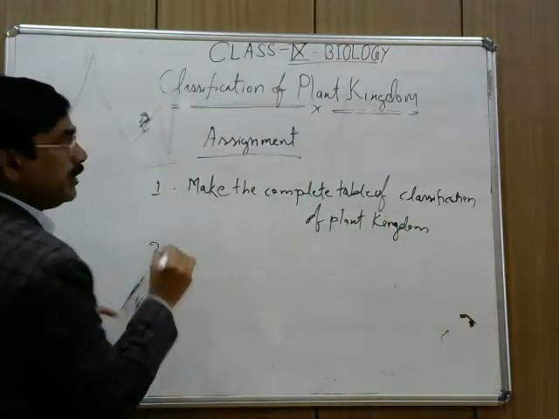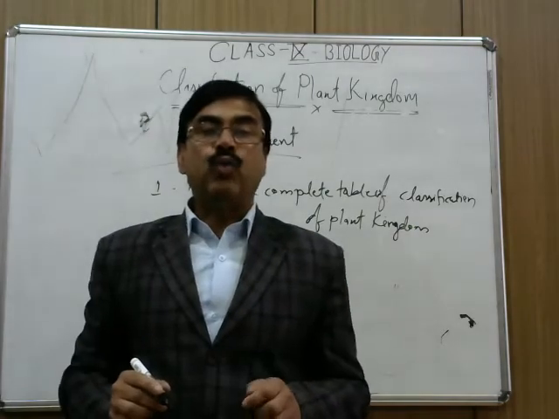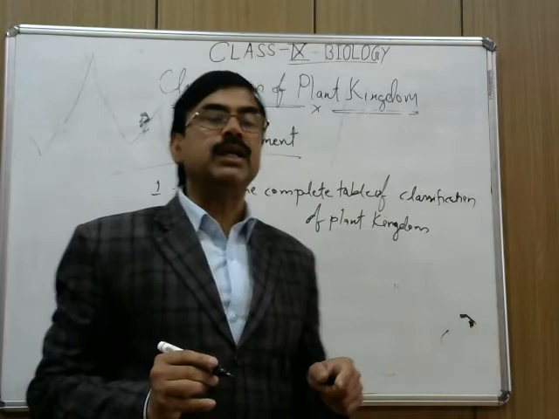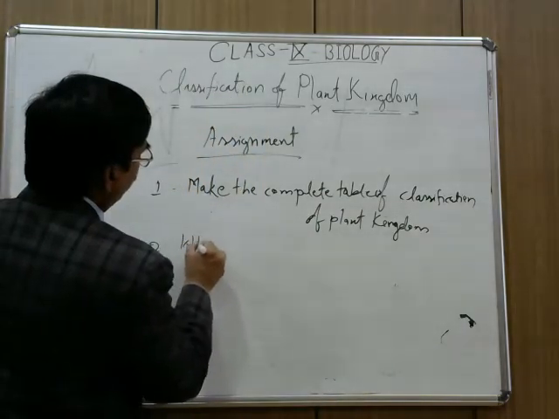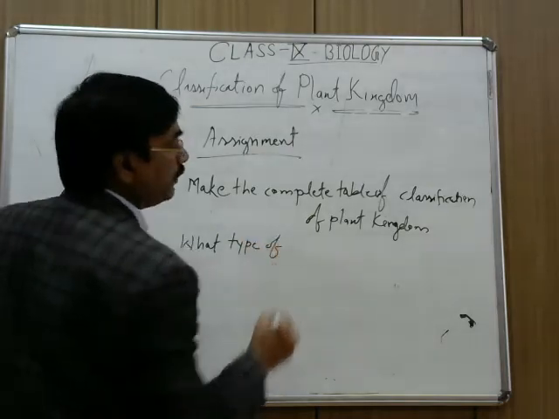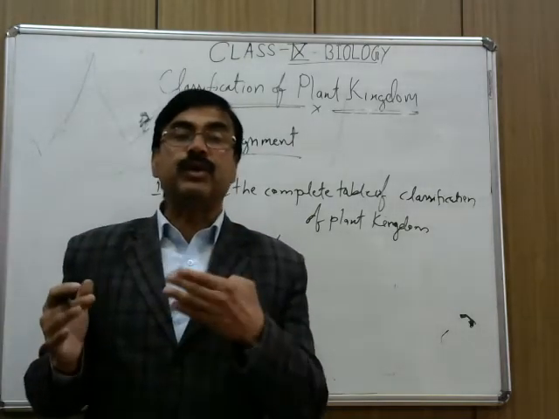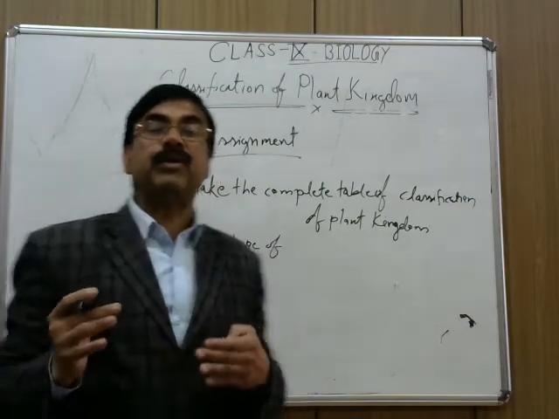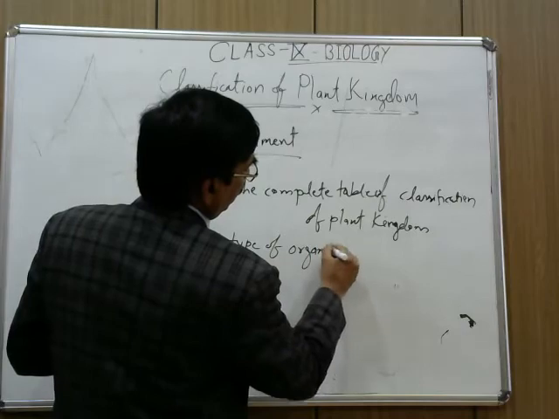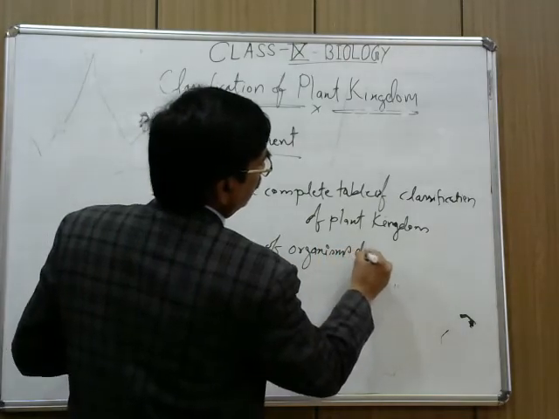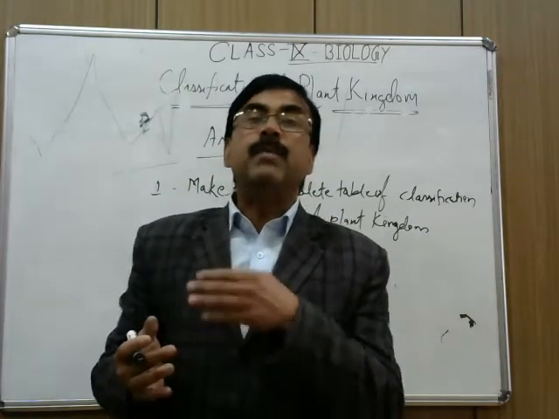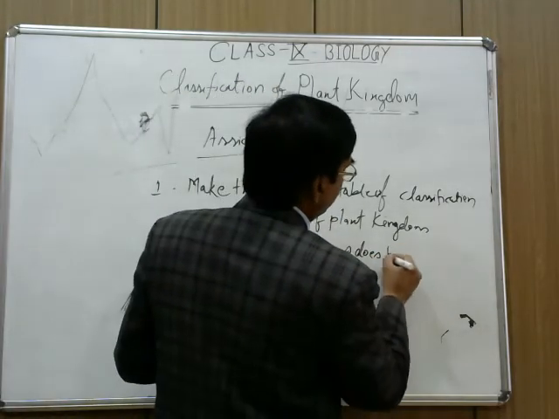Number 2, you have to write what type of organisms kingdom Monera includes, meaning examples of what type of organisms.